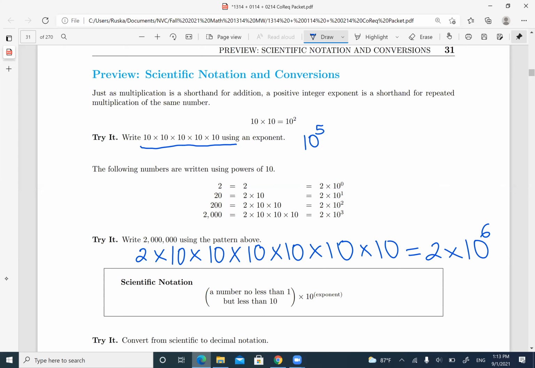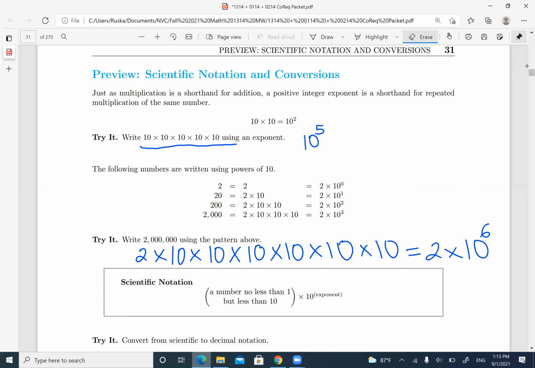And then this is the definition for scientific notation. If you have a number, it's going to be represented with a number no less than 1 but less than 10. So the number in front has to be between 1 and 9.